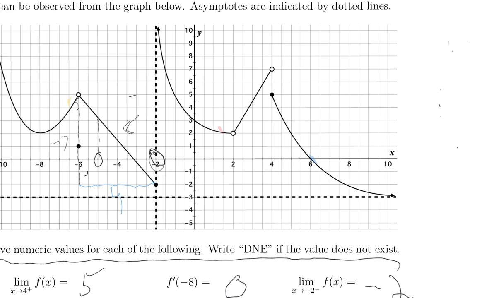Approaching from the left, we start here, follow it till we get to 2, and we can see that we approach this 2. Note that the open circle does not matter for our limits, because we're still approaching this 2 value here. Thus, as we approach from the left, we get 2.